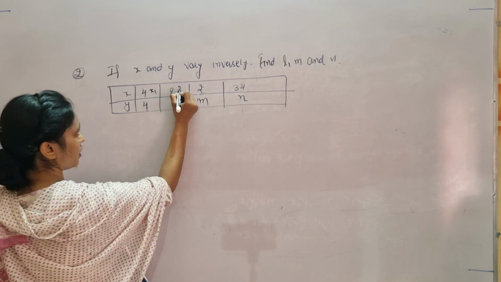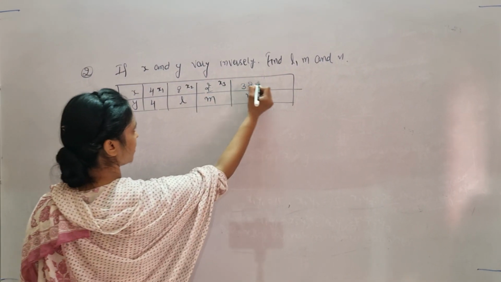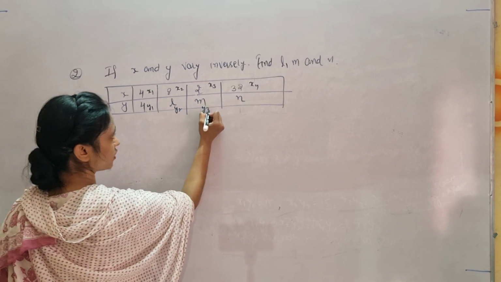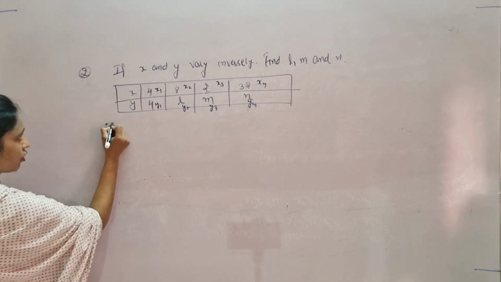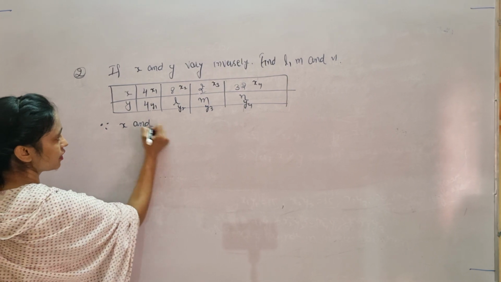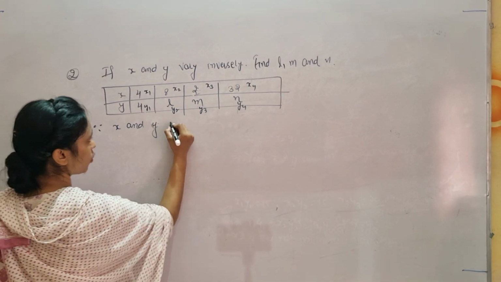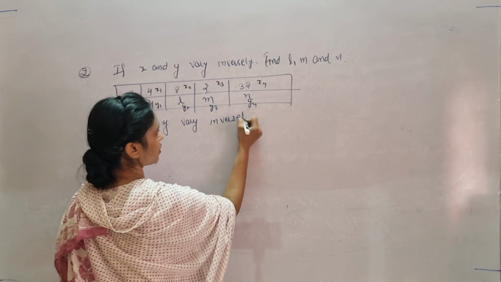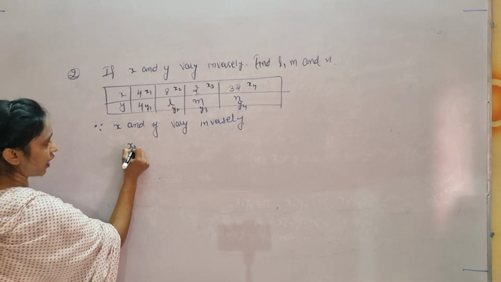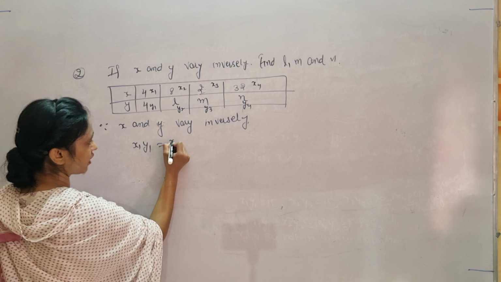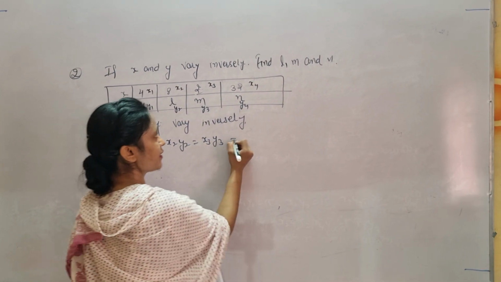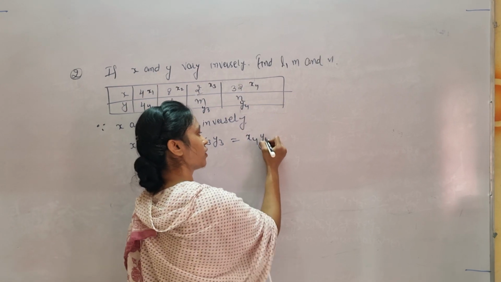This is X1, X2, X3, X4. This is Y1, Y2, Y3, Y4. Because x and y vary inversely, then what would happen? x1 y1 is equal to x2 y2 is equal to x3 y3 is equal to x4 y4.